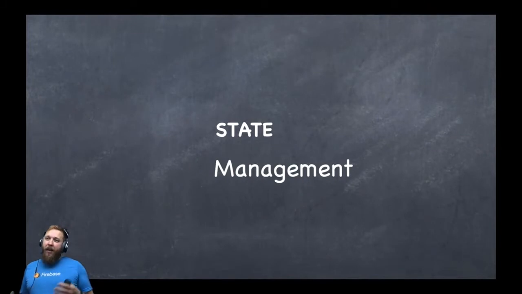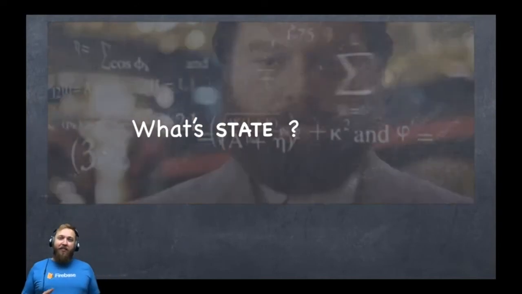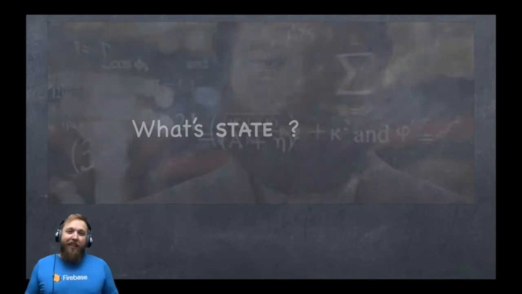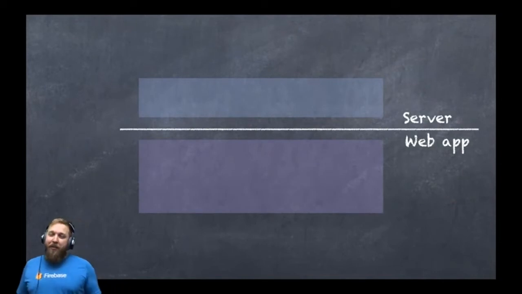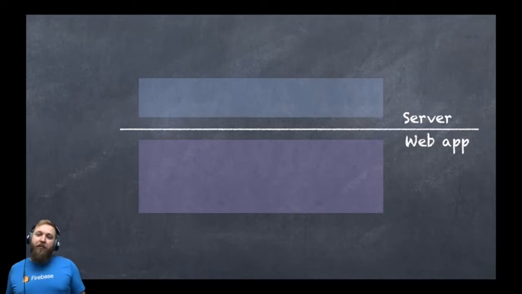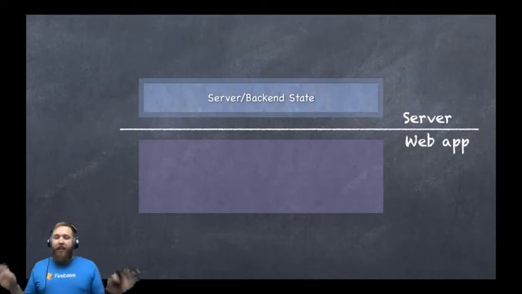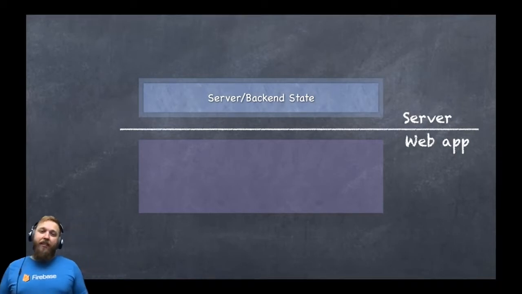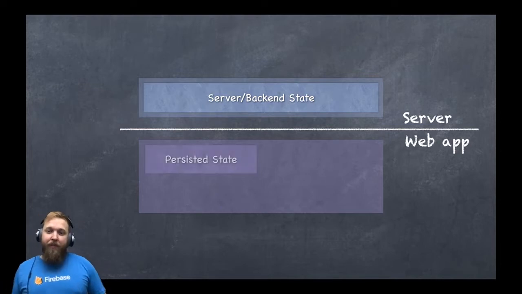And before we continue, what is state management? Let's take a look at what state is in general. There are multiple ways to define what the state is, but I'd like to typically separate it into two parts. First, we have a server state. This is your server backend state that houses all the databases and everything else, right? So that's basically our source of truth. And then we have a web app state.